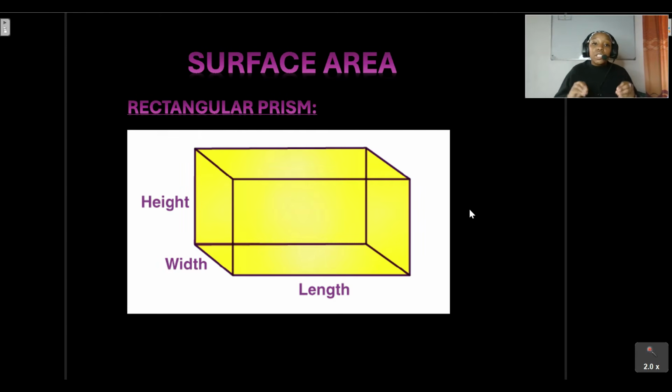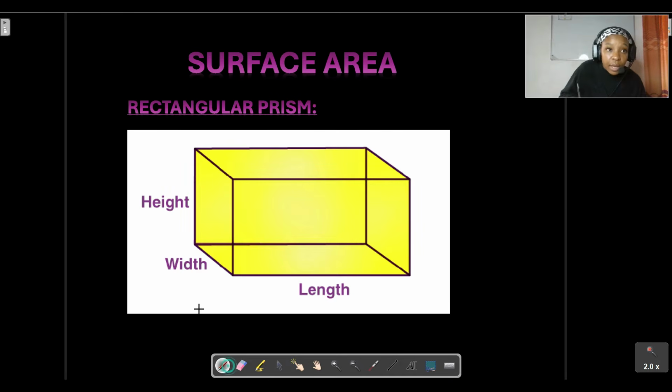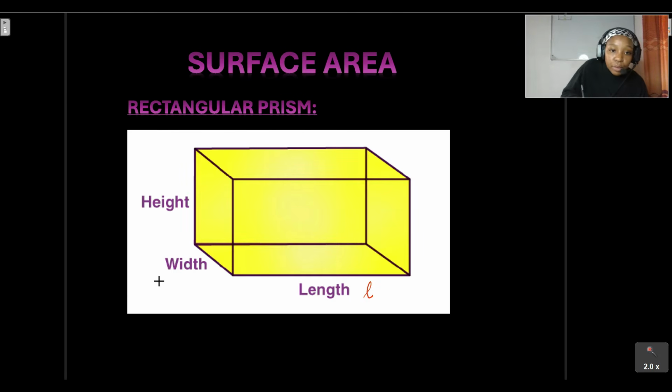Having those dimensions will just make it easy for you to calculate now the surface area of the box. So let's say, for example, we are given this box, and we are given length L, width W, and height H. And I asked you to calculate the total surface area of this particular box.